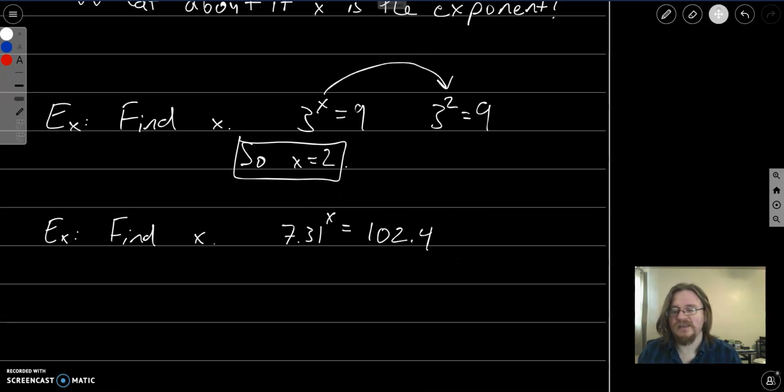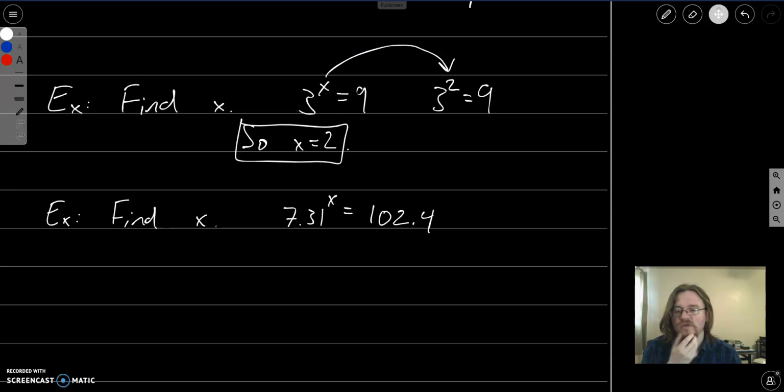What if we start getting some wacky numbers in here? 7.31 to the x power is equal to 102.4. I don't know that one. This one is hard. So now we need a way to try to figure out what x is.